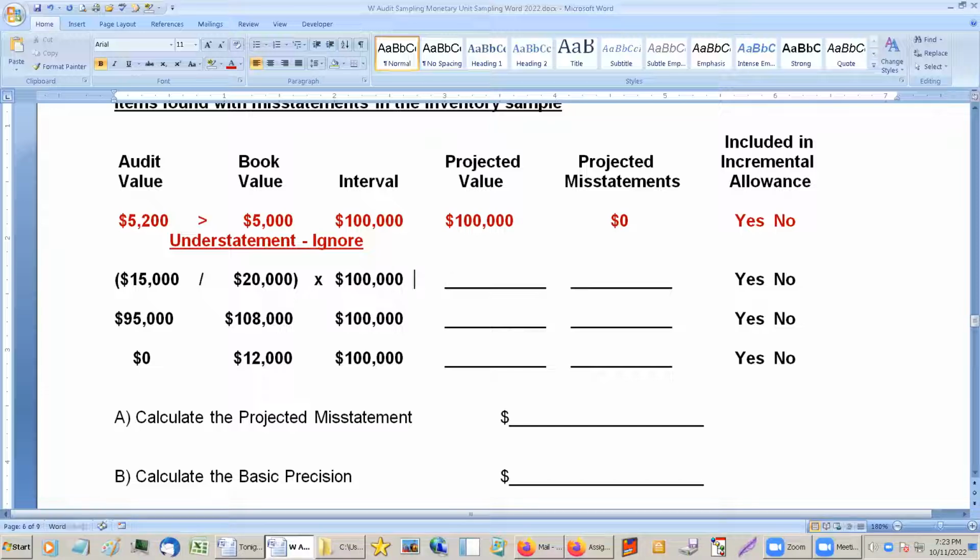All right. 15,000 divided by 20,000 is some number. 75,000, right? Should be able to do that in my head.